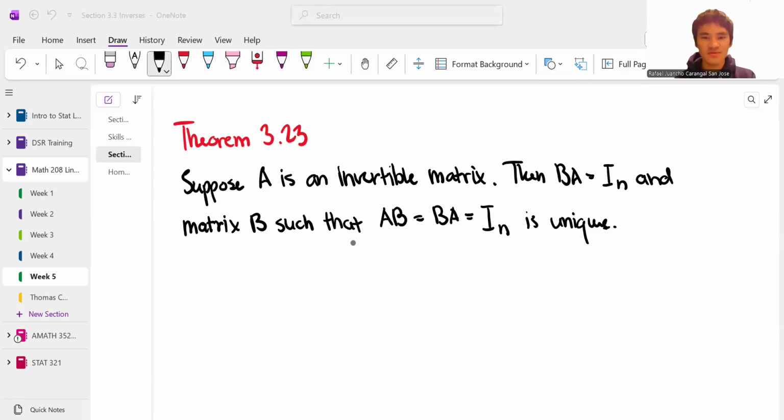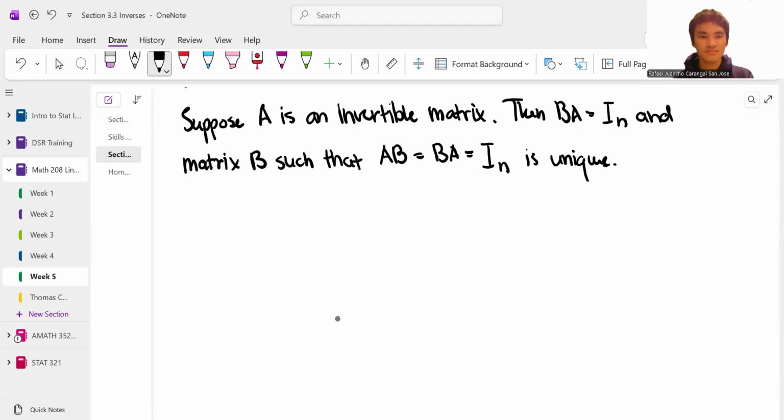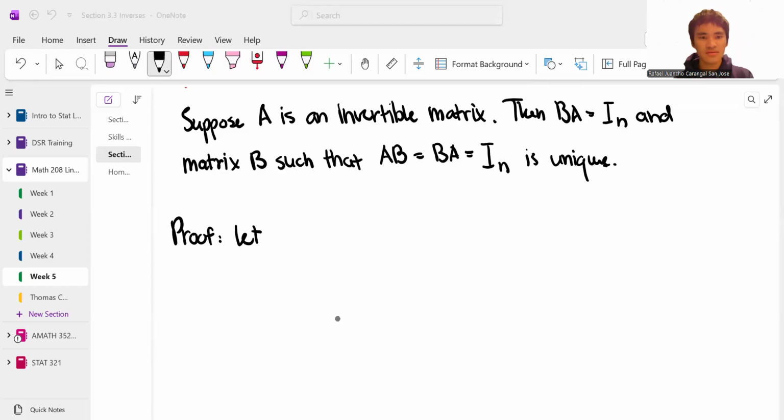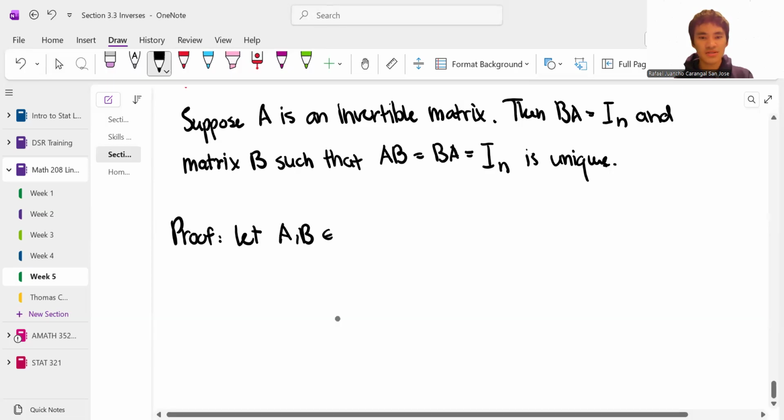Now, there is a proof of this idea. That's fine. I'll go through the proof. So we let these matrices be in Rn.